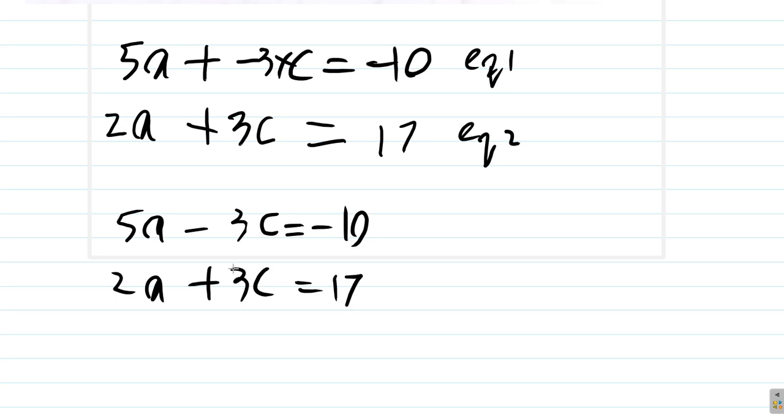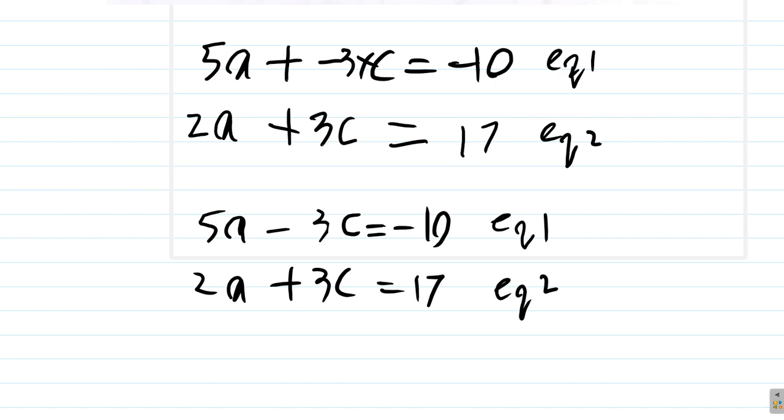Okay. If we have equation 1, equation 2, we could eliminate c directly right now. Just add the equations. So equation 1 plus equation 2 would be 5a plus 2a gives us 7a.